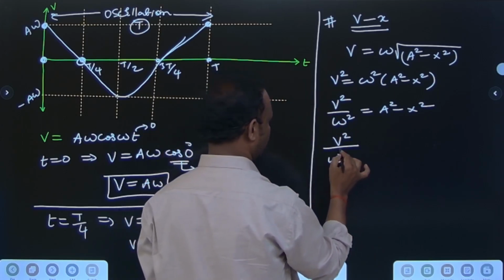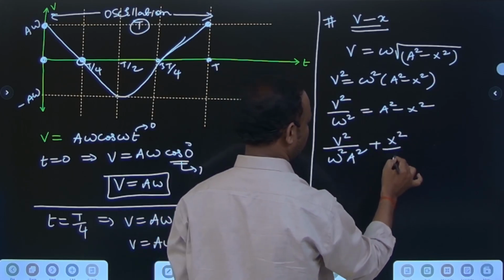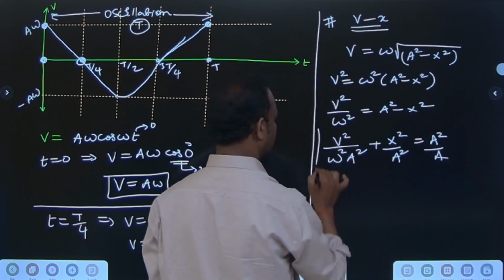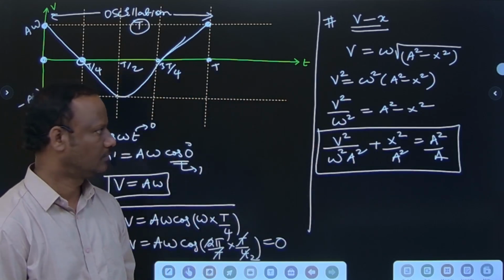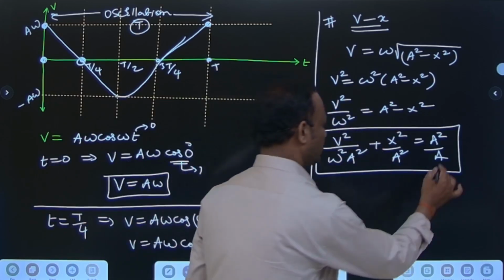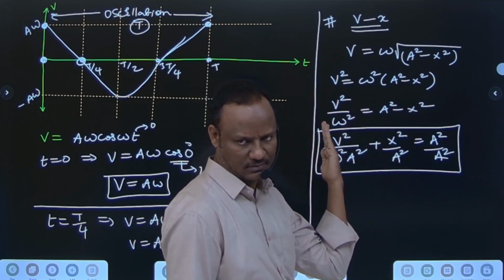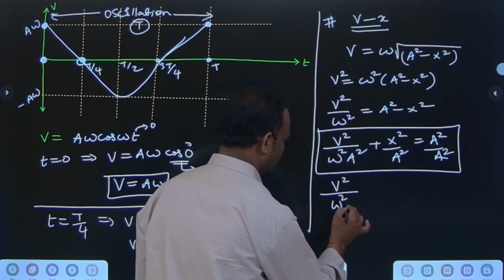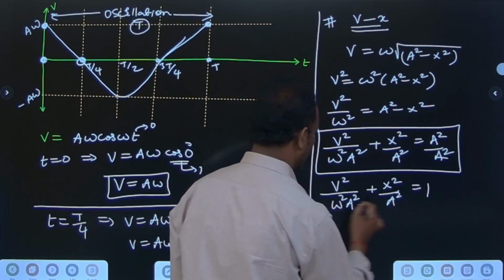So V square by omega square A square plus x square by A square is equal to A square by A square. Do you agree with this? Careful. Dividing all the terms by A square, x square by A square, bring it here. Got it. So V square by omega square A square plus x square by A square is equal to 1.